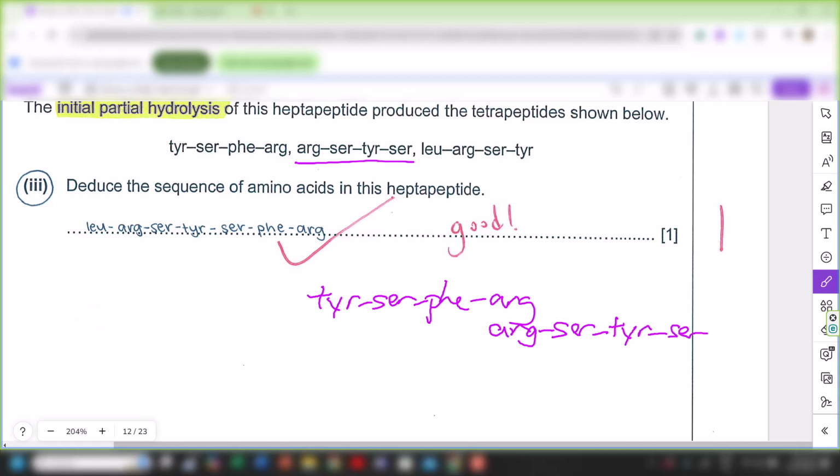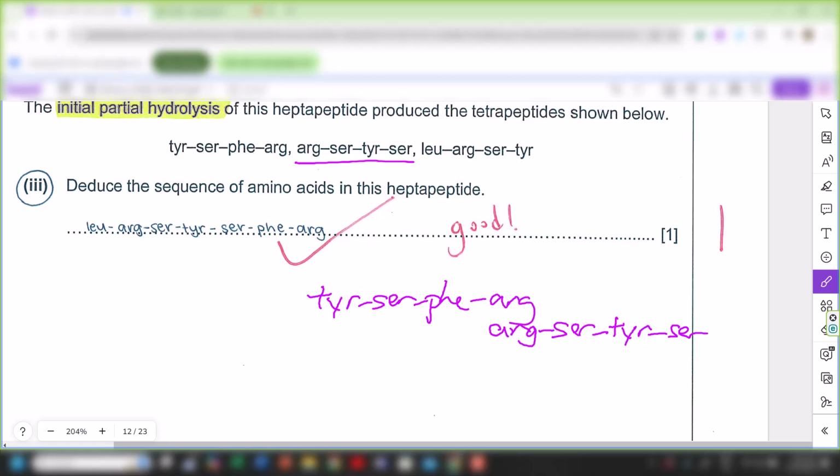Let me highlight one thing: I may be wrong, but I just write them out first. Because at the end of the day, during the exam, you must try until you get the correct answer. You don't just stare at it. Then I look at this: Leu, Arg, Ser, Tyr, Ser, Leu.